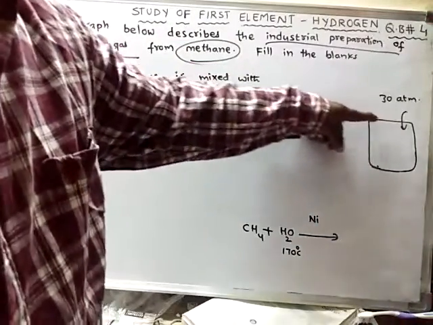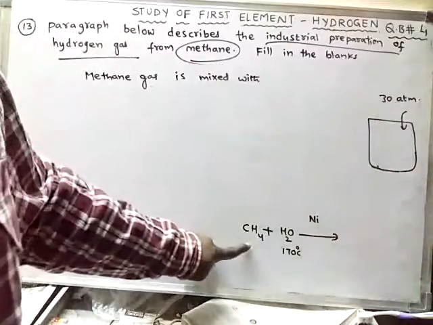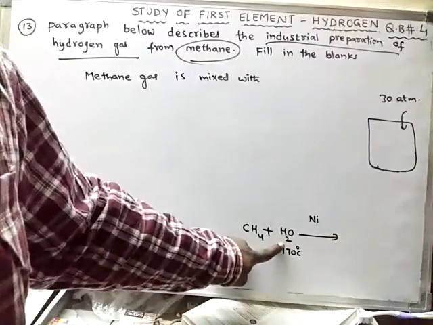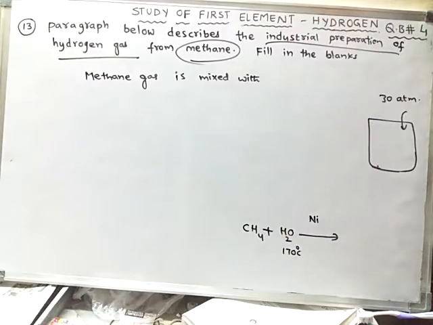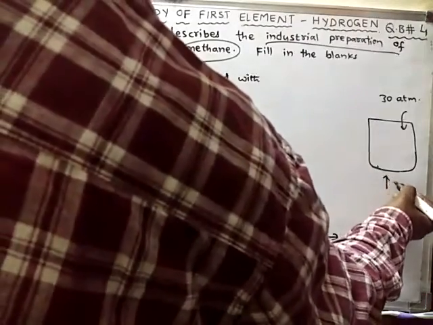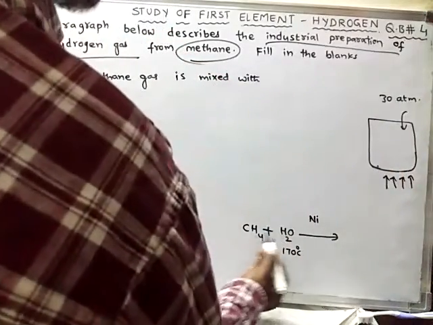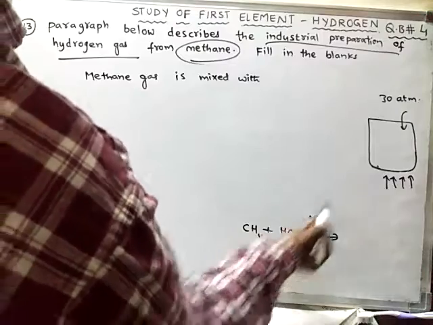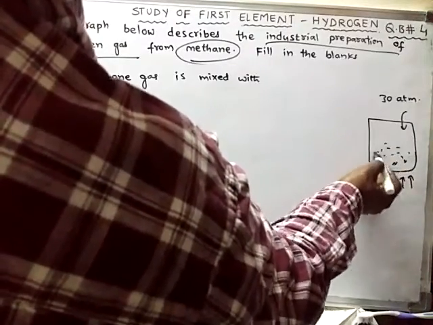Under this high pressure, these two will react with each other, in the presence of nickel catalyst. And we have to heat this reaction mixture. This container has the mixture: methane and superheated steam.